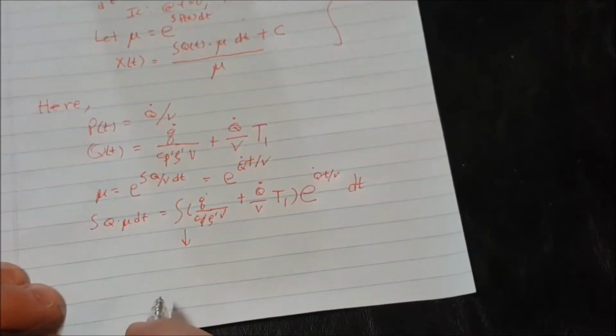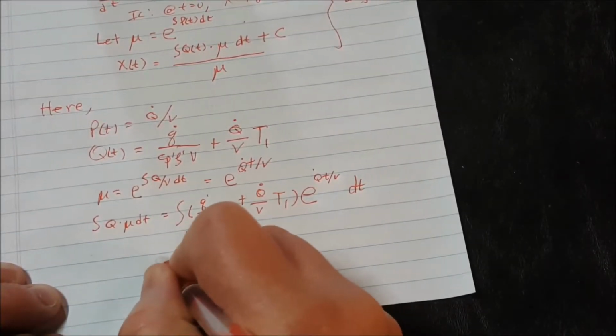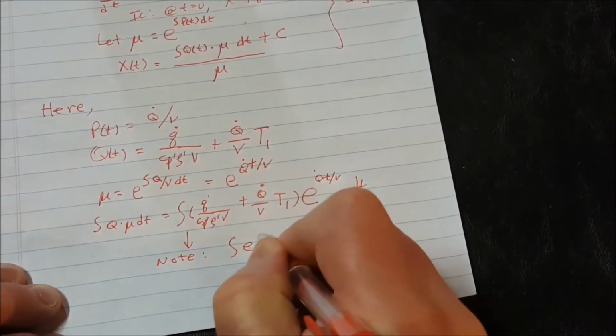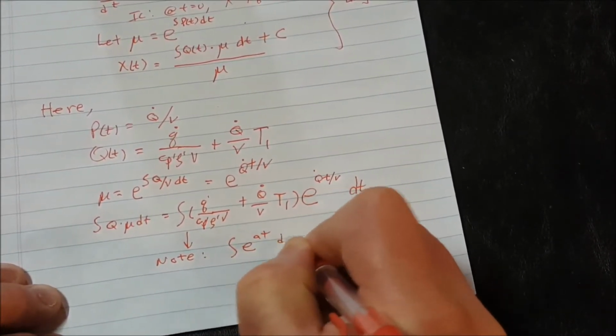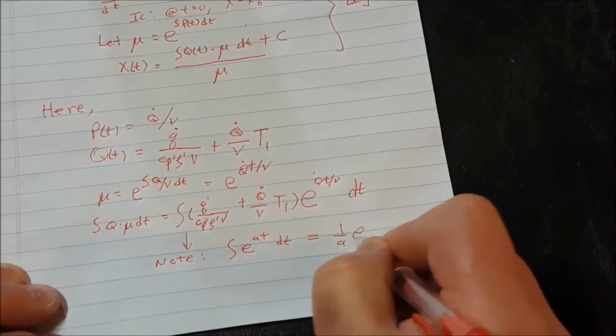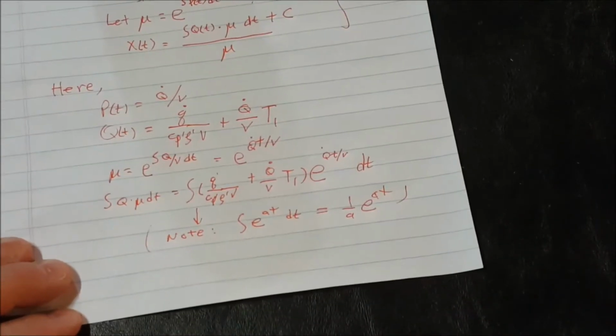And I was saying that the integral of, I'll just write it down, the integral of e to the at dt equals 1 over a, e to the at. Okay? So keep that in mind. That's all you have to do for this integration.